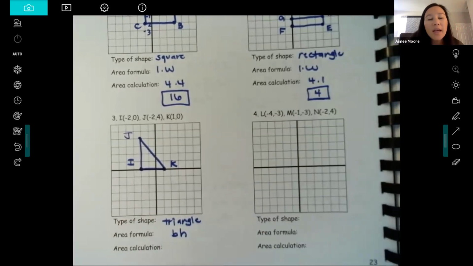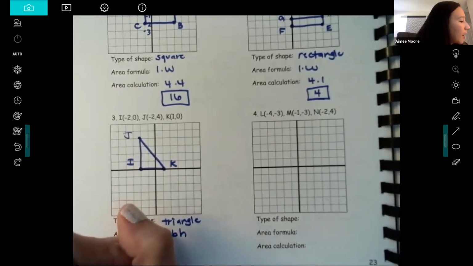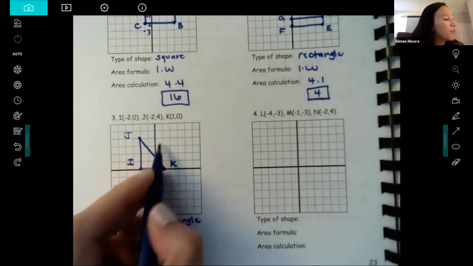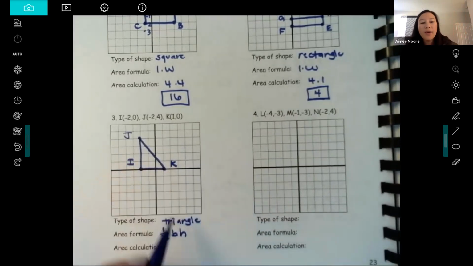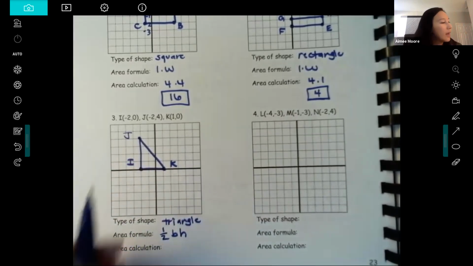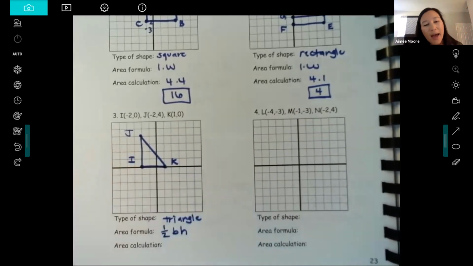What about on the area of a triangle assignment that we just did? One half of base times height. Right. Yeah, a triangle is half a rectangle. And so that's why you have to cut the base times the height in half, because a triangle is only half of that.